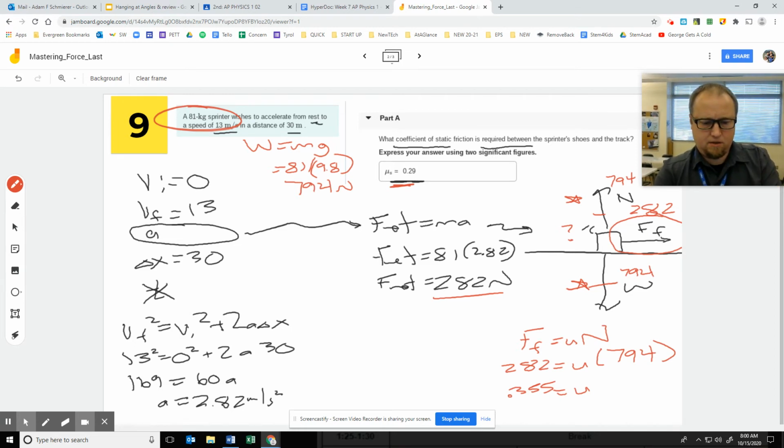So I got 282 divided by 794. I just recalculated, this is 795. So 282 divided by 795. I'm baffled right now. Oh, Schmier is bad with numbers.